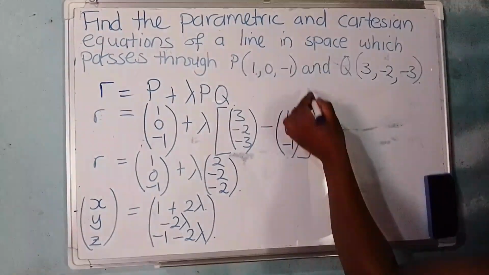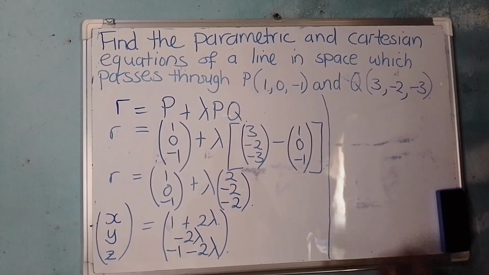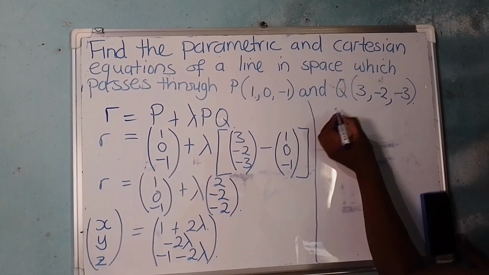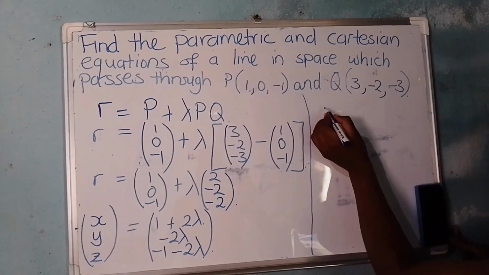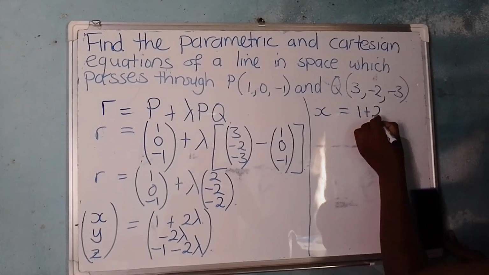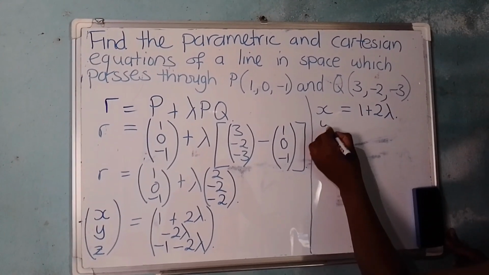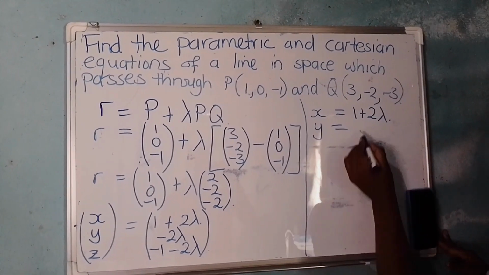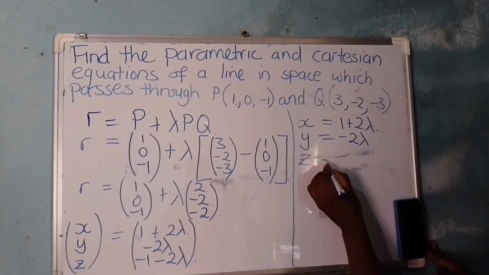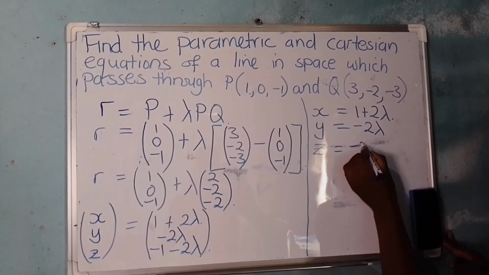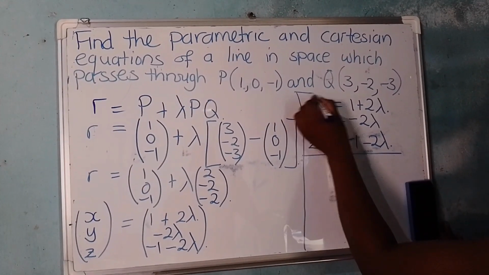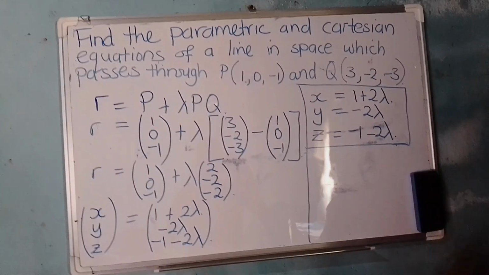Right, so for a parametric equation, our parametric equations will be x = 1 + 2λ, y = -2λ, and z = -1 - 2λ. These are our parametric equations.